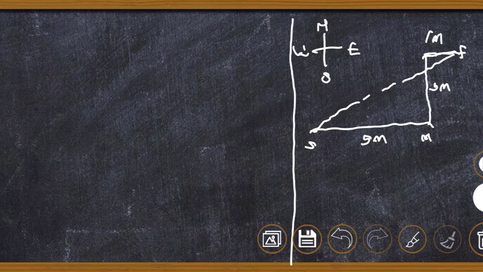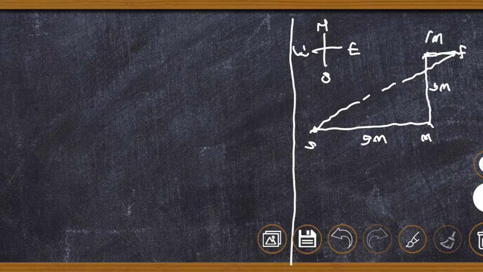The total displacement of this body is simply the distance from point X to point F. Don't forget I said the displacement depends on the initial and the final position of the body. How can we get the total displacement here? I can easily get it by completing this triangle.